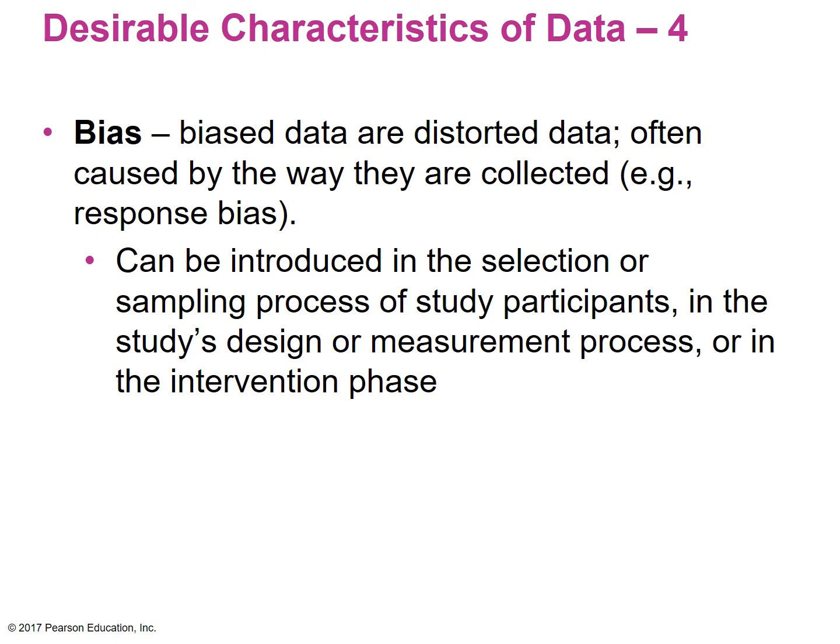There's a form of bias called social desirability, where a person may be reading a question, and instead of responding how they truly feel, they respond based on some perception they have of, okay, well, this would be more socially acceptable if I responded this way instead of how I truly feel. That can happen. So you want to make sure that your validity isn't being compromised by something that you're doing or some nature of the instrument that's introducing bias.